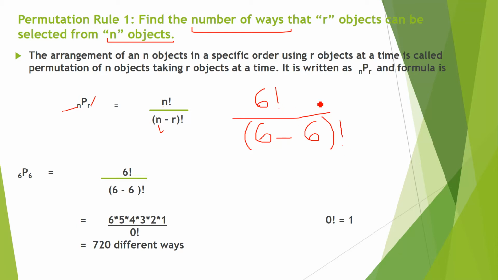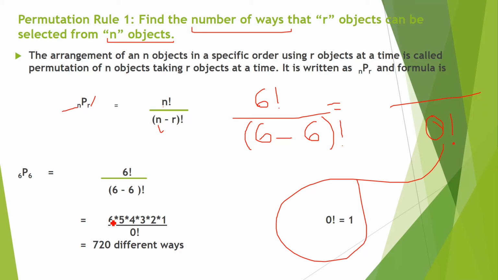So this 6 factorial means 6 multiplied by 5 multiplied by 4, 3, 2, 1, right? And this 6 minus 6 means 0, which will be 0 factorial. And keep in mind that 0 factorial is always equal to 1. So in the denominator we have 0 factorial, which is 1.